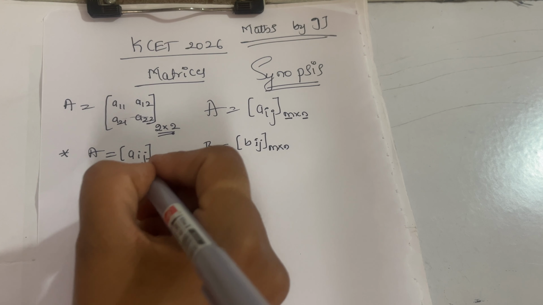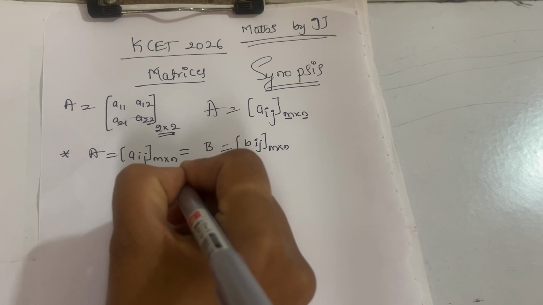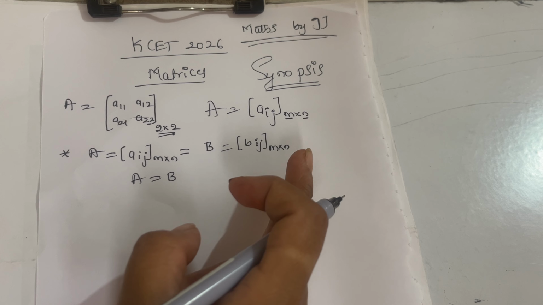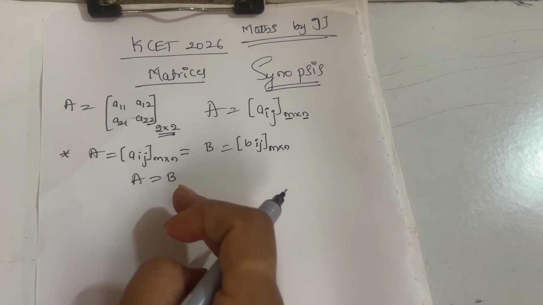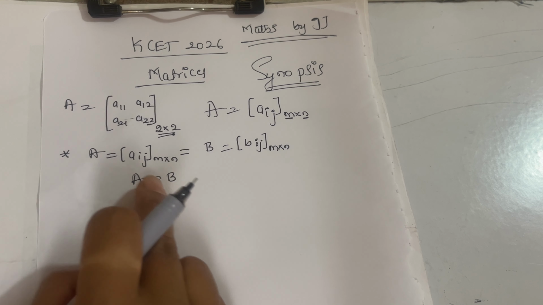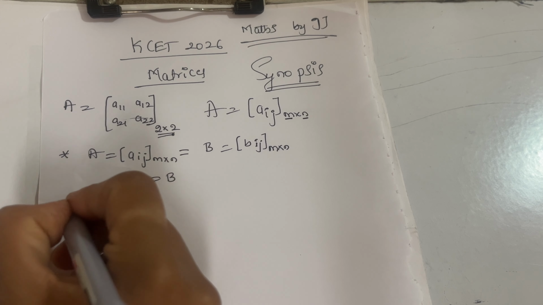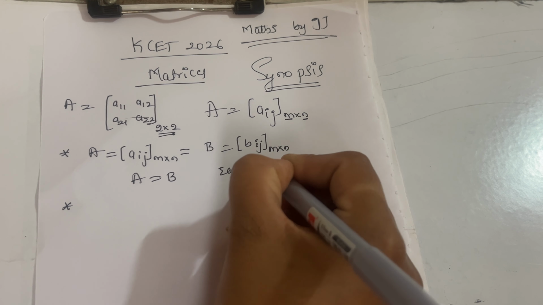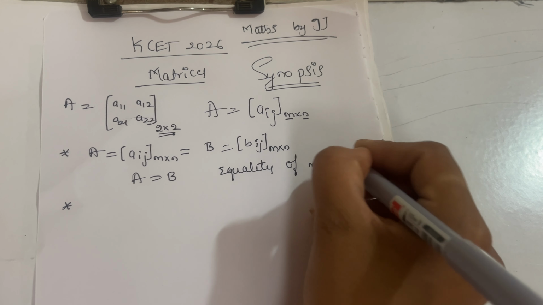Now when do you say that these two are equal, that means A equals B? The condition for A equal to B is that the order must be the same and the corresponding elements should be equal. Then only we can say that the two matrices are equal. That defines equality of matrices.